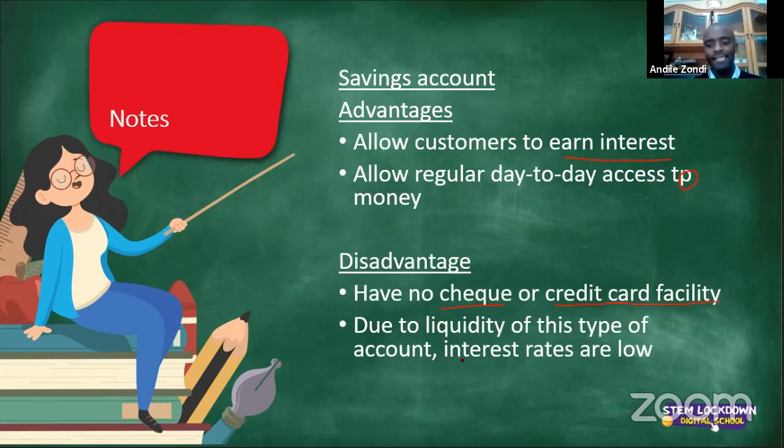It earns low interest because it is liquid. When I use the word liquidity, I basically mean how fast you can get your money. A liquid investment is a type of investment where you can get your money now. Because you can get your money as soon as you want it, it gives you a very low interest.